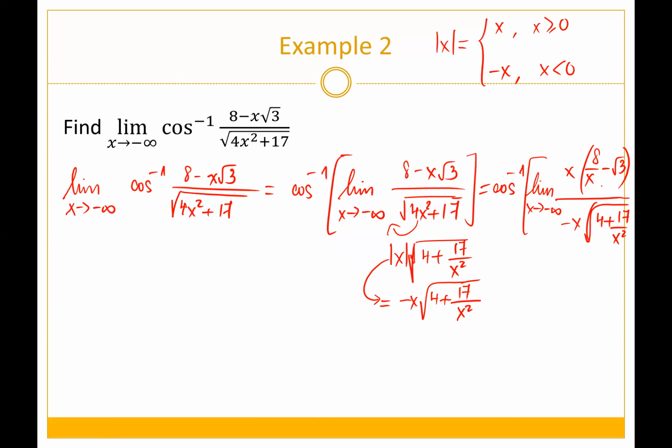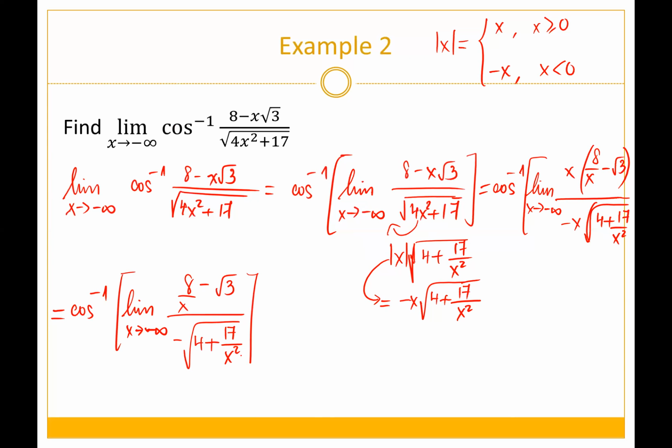So now you can easily cancel out that x. And so our inverse cosine now becomes the limit as x approaches negative infinity of 8 minus a over x minus square root of 3, divided by negative of the square root of 4 plus 17 over x squared.